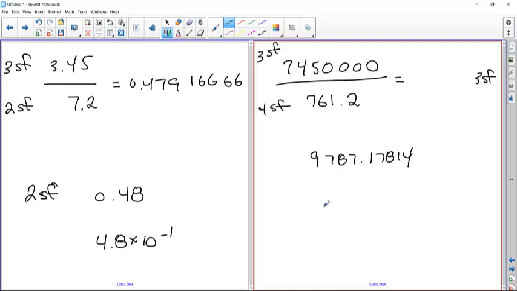So this one becomes 9790. So what I've done is I've rounded 87 up to 90. So I have 3 significant figures. This 0 is not significant. If this had gotten rounded up to 9800, then I'd have to rewrite it in scientific notation. So let's write this 9.79 times 10 to the third. That would be another way of writing it. Notice I'm not adding the 0 here because that's not significant.